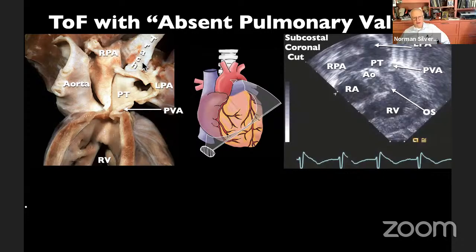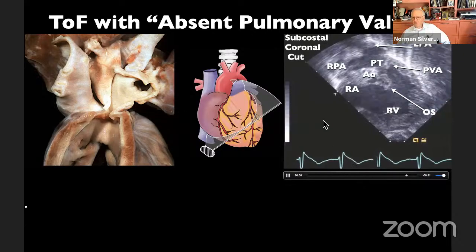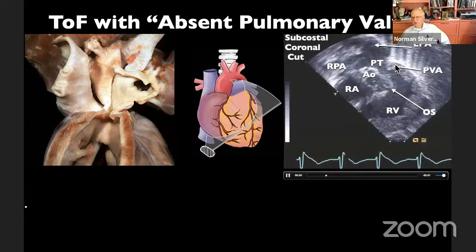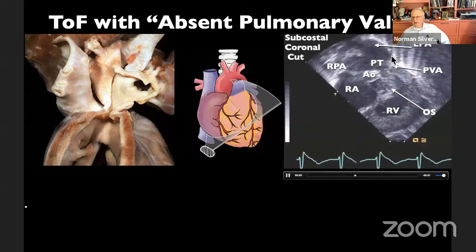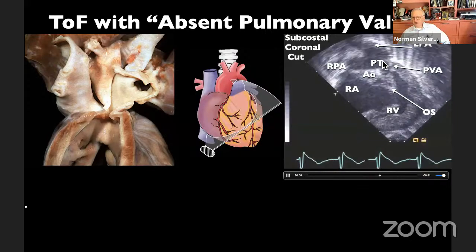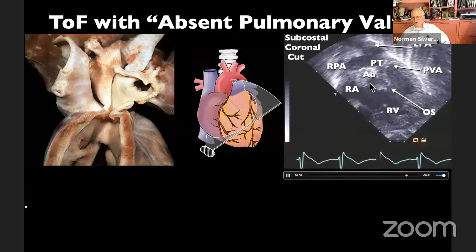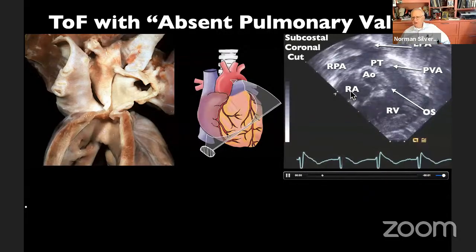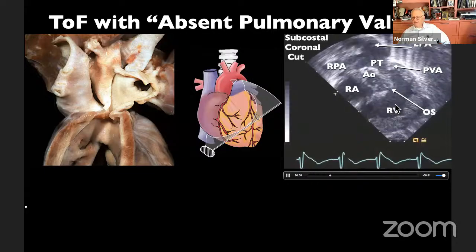And here you see the trachea enclosed and obstructed by these pulmonary trunks. And here is an echocardiogram that shows the same features. There is the aorta, here is the pulmonary artery, and here the pulmonary trunk and the branches are larger than the ascending aorta. Here's the right atrium and right ventricle.